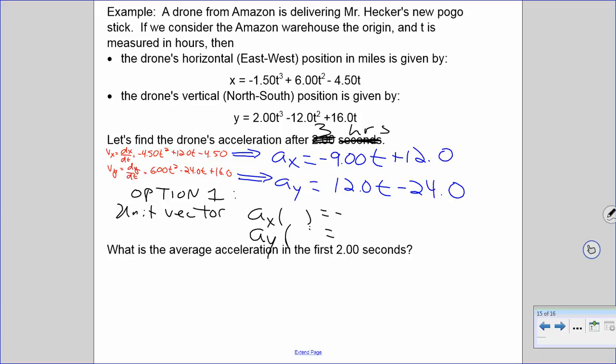Okay, so after 3 hours. So let's see, ax after 3 hours, we're going to have negative 9 times 3 is negative 27, plus 12 gives us negative 15 now. And presumably our units are going to be miles per hour squared. And then ay after 3 hours, 12 times 3 is 36, minus 24 gives us 12 miles per hour squared.